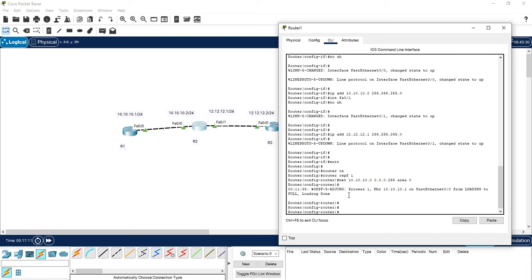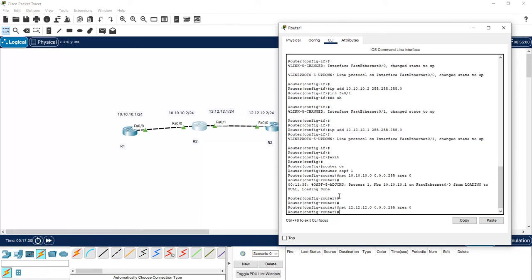We continue with the network 12.12.12.0. The wildcard is the same, 0.0.0.255. The area is the same, area 0. Here we don't see any OSPF adjacency, because router 3 is not yet configured with OSPF.